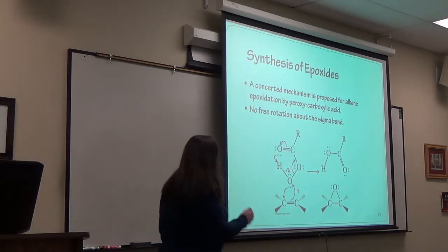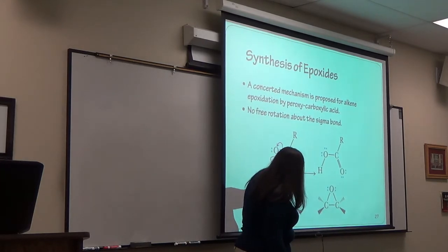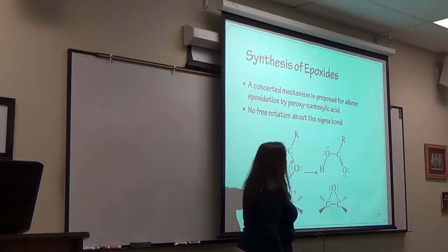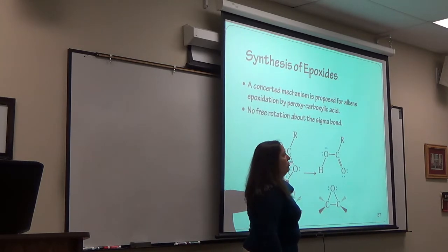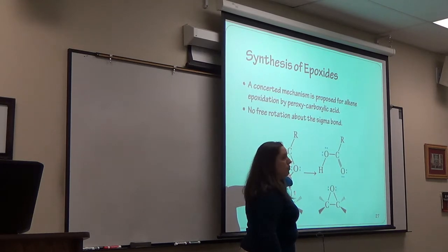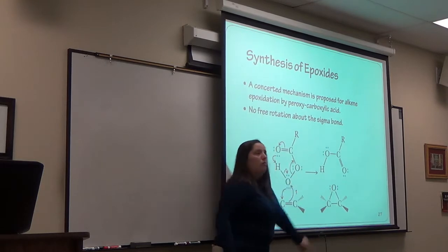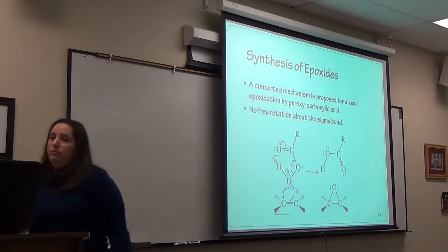I forgot my clicker. So what would happen next? If I bond to this oxygen, now this oxygen has 3 bonds, right? So one of these bonds has to go. Which one goes? This one, right? Does that make sense? You open this bond to then make a double bond. So how many bonds does that carbon have now?